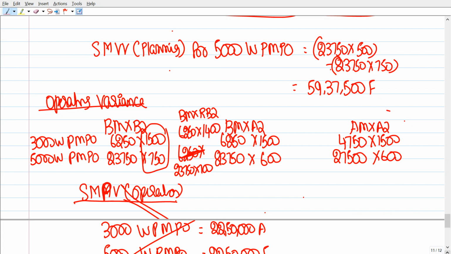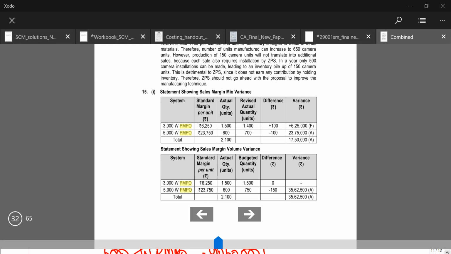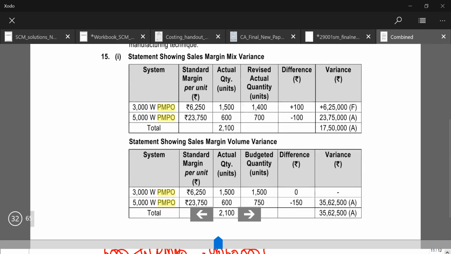What is the formula for sales margin volume variance? BM into BQ minus BM into AQ. 5000 WPMPO is 23,750 into 750 minus 23,750 into 600. You get a final answer of 35,62,500. I would like to discuss the second part, which is more critical.